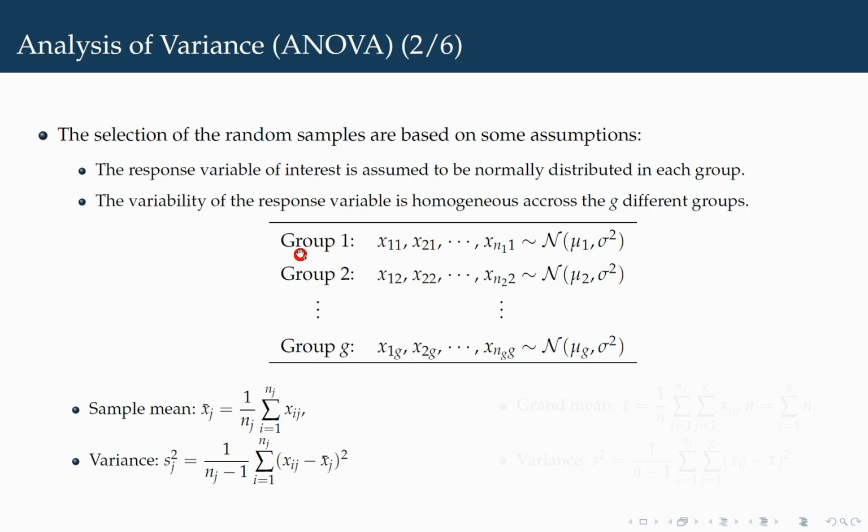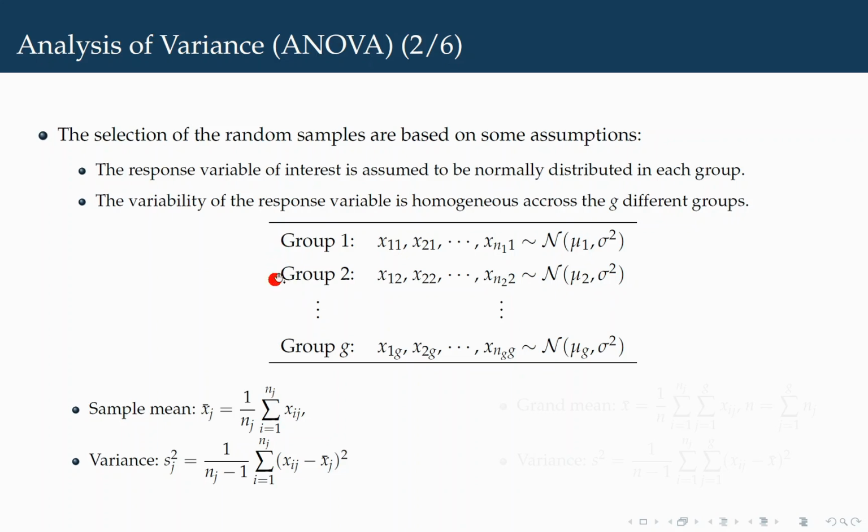So for group 1, the distribution is normal with mean mu1 and the variance sigma square. Now sigma square is the variance of group 1. And for group 2, again the distribution is normal with mean mu2 and variance sigma square. Sigma square is the variance of group 2.